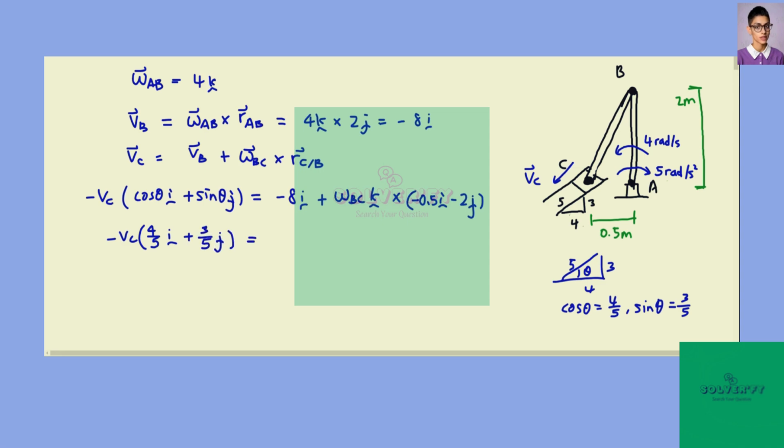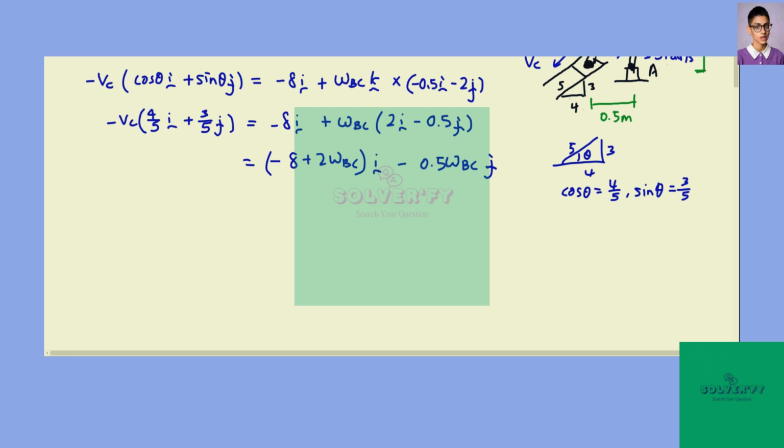This is equal to minus 8i plus omega BC cross 2i minus 0.5j, and this is minus 8 plus 2 omega BC i minus 0.5 omega BC j.